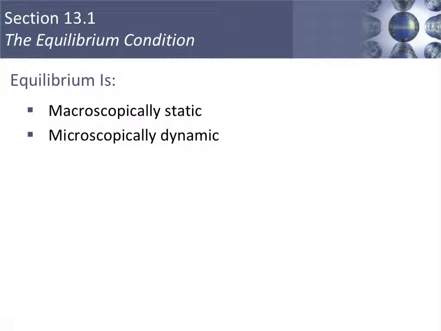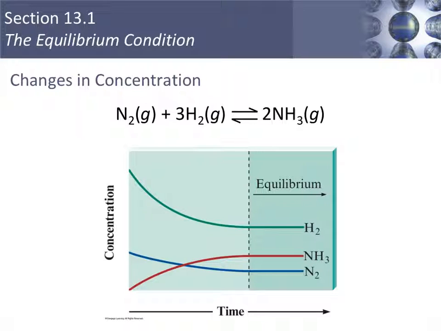It's helpful to think about equilibrium in terms of the change of concentration and to look at this graphically. So if we take a graph of this reaction, this is nitrogen reacting with hydrogen to produce ammonia. This is known as the Haber reaction. So initially we start off and we have no ammonia, this is the red line, and we have a certain amount of nitrogen and basically 3 times that amount of hydrogen.